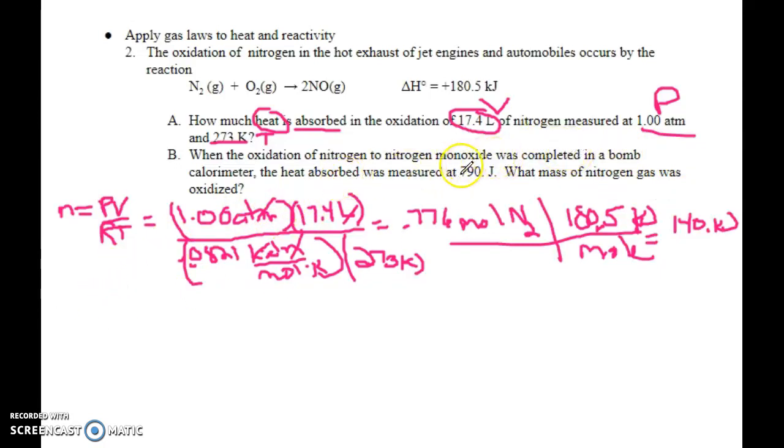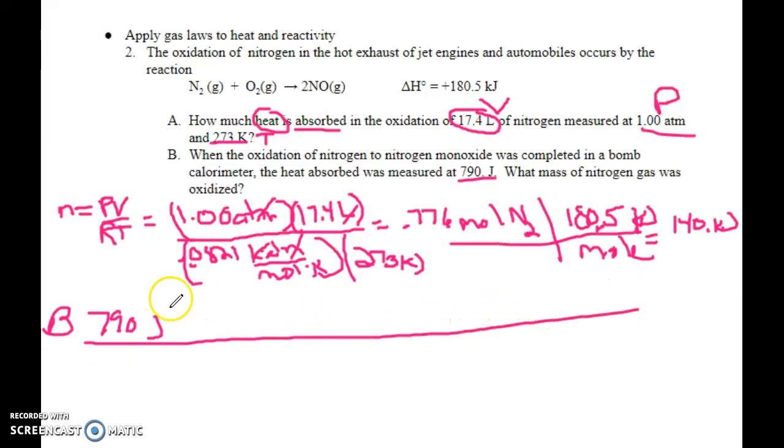So I'm going to start this part B with 790 joules. And again, I could have gone directly to kilojoules, but we'll show 1,000 joules to a kilojoule. So heat is given.